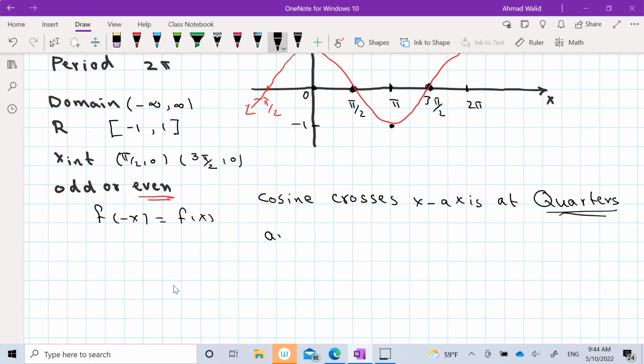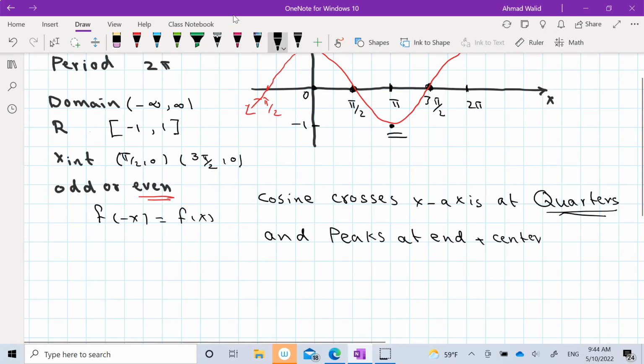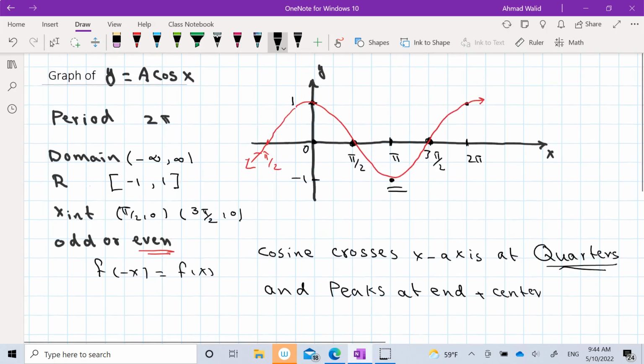And it peaks at the ends and the center. You can see it in the graph.